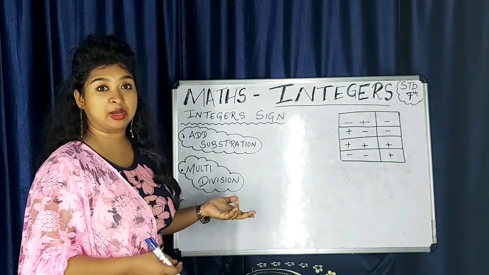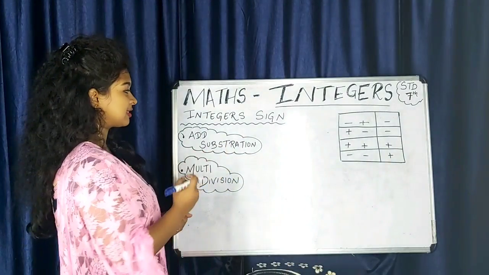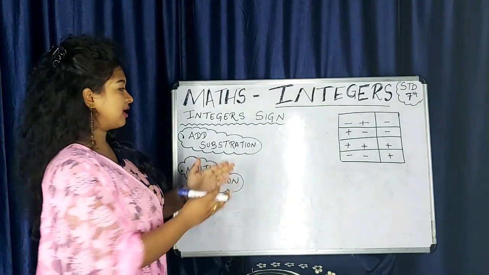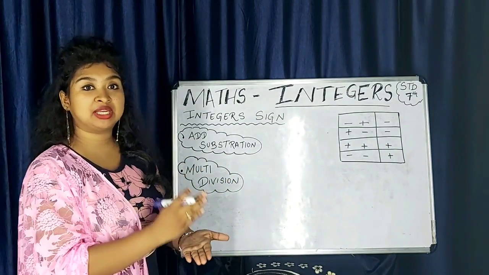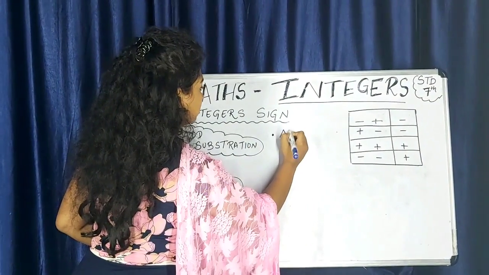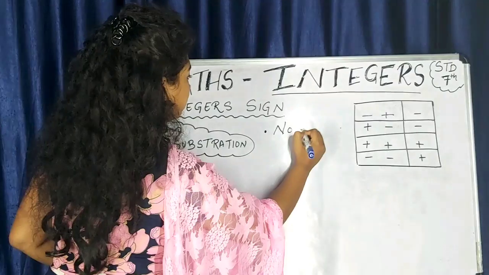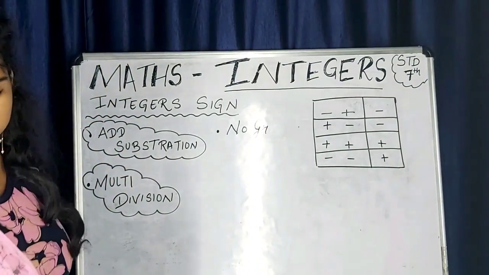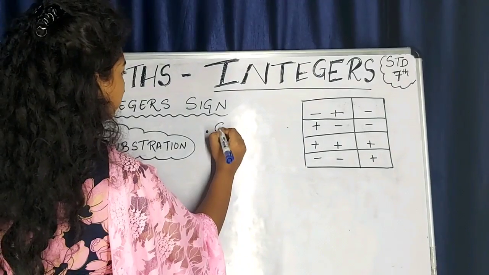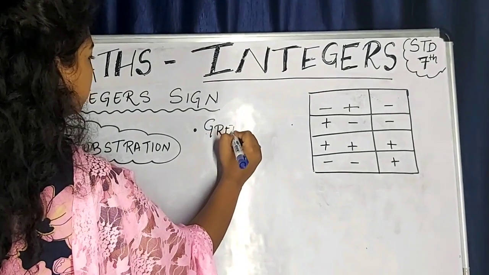As we were learning about integer signs, first comes addition and subtraction. If there's a sign in addition and subtraction, the main factor is which number is greater. We write it as greater number.